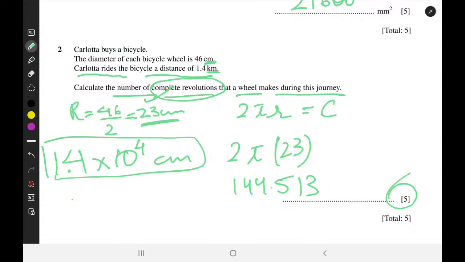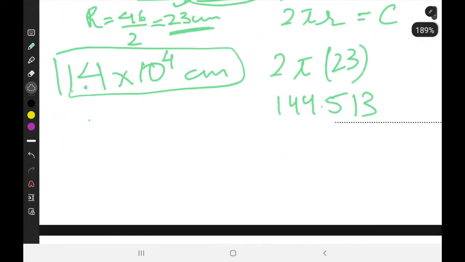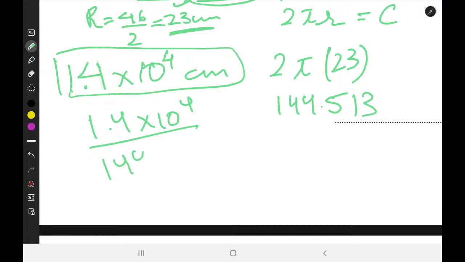We know one circumference. Now how can we take out the number of complete revolutions? We just have to divide. So 1.4 multiplied by 10 to the power 4 is divided by 144.513.